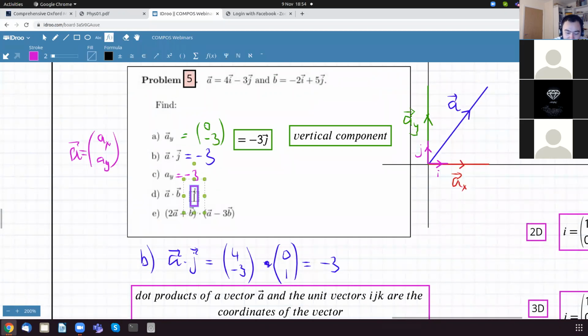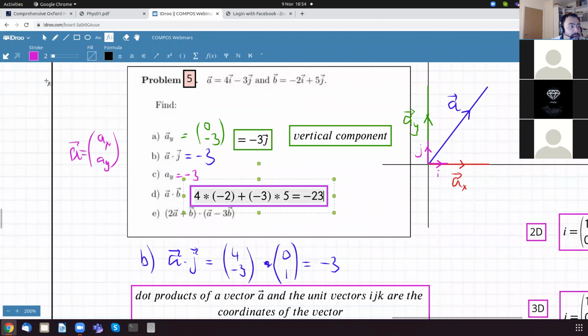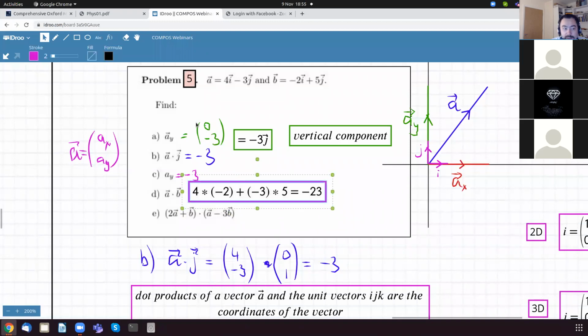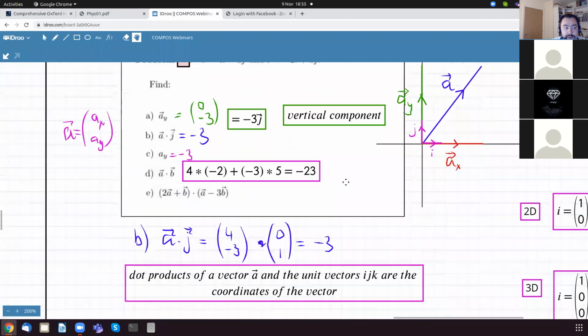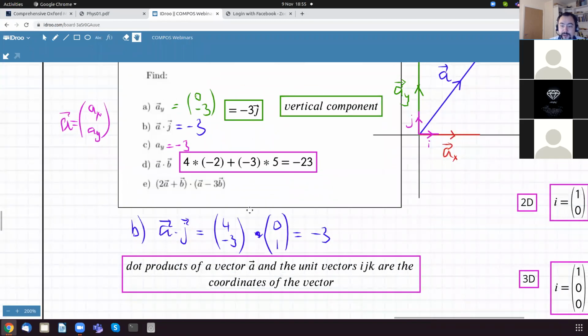So it's giving you 4 times minus 2, plus open bracket minus 3 times 5, and this is minus 23. Modulus of AY equals 3. Yes, modulus of vector AY is also 3.